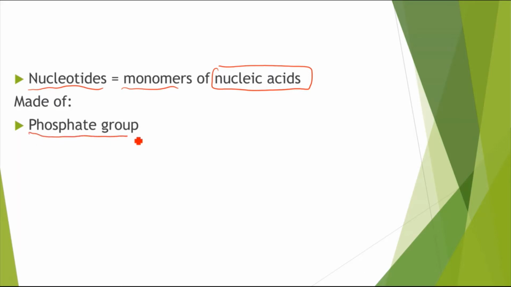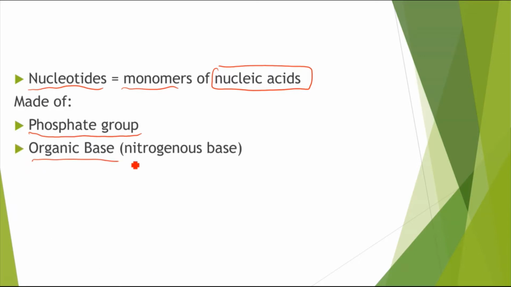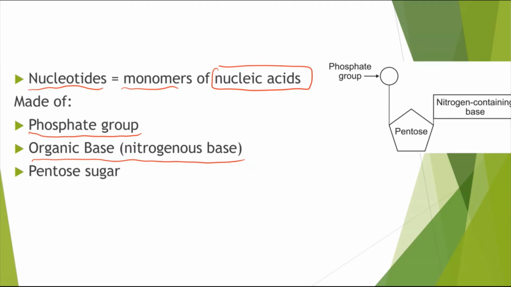All of the nucleotides have some things in common. These include the phosphate group, the organic base, which is also sometimes called the nitrogenous base, and a pentose sugar. Looking at the diagram for a nucleotide, as you can see, they always have this phosphate group, the pentose sugar, and also the organic base.